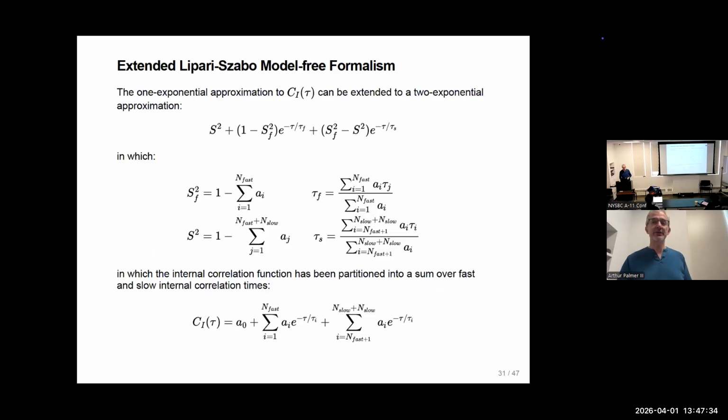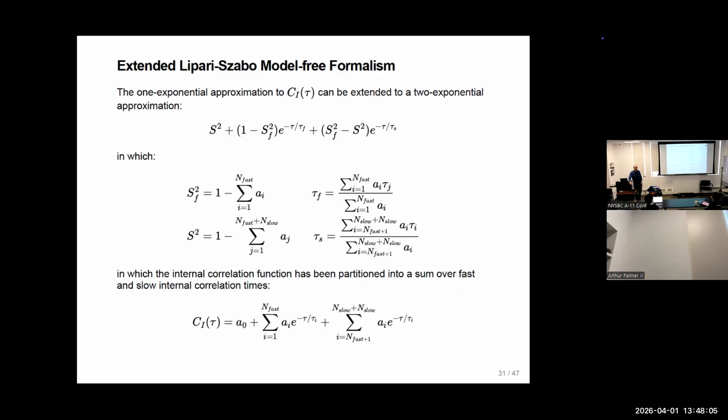That was realized pretty early on by Clore and Szabo, and the solution was to just add another exponential. So now we have one exponential for very fast processes and a second exponential for slower processes, but still faster than overall tumbling. If we work out the 2 exponentials, we can manipulate that to look like order parameters again.